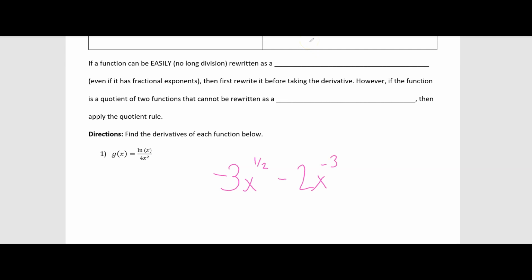Even though it has fractional and negative exponents, which aren't technically polynomials, the power rule still works just as good. So if we can rewrite it and it can look something like that, then a lot of times it may be easier to use the power rule than the quotient rule. But if we can't rewrite it, if we're stuck with what we have here, then we will need to use the quotient rule.